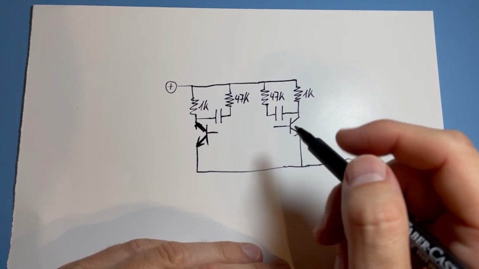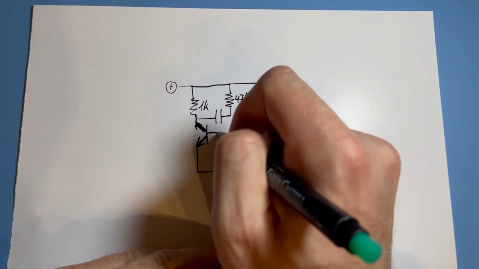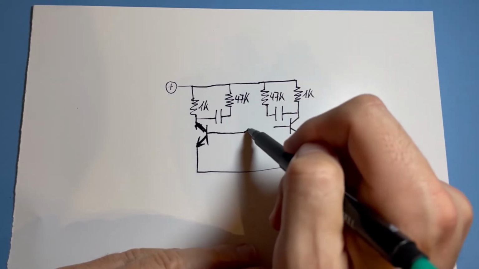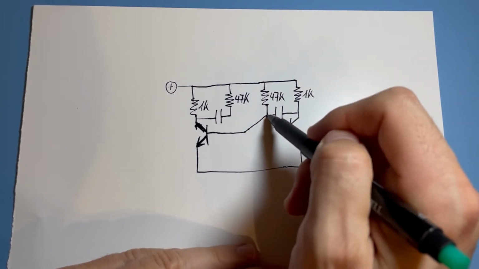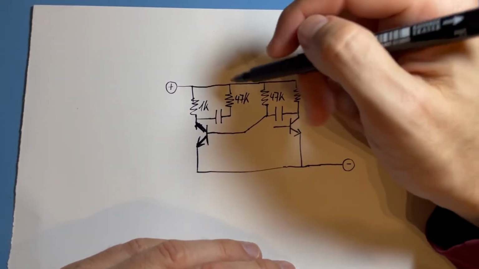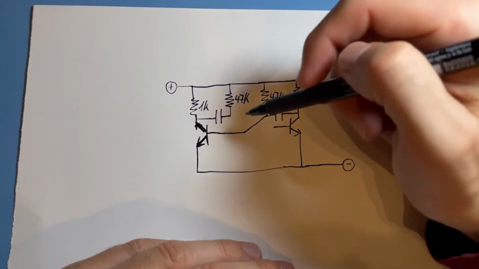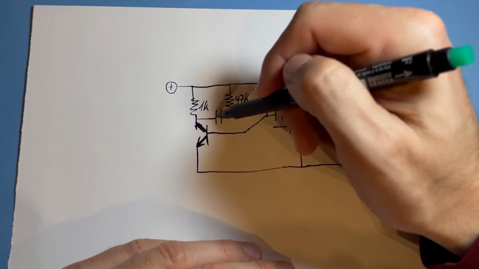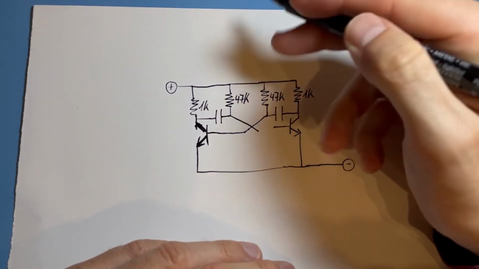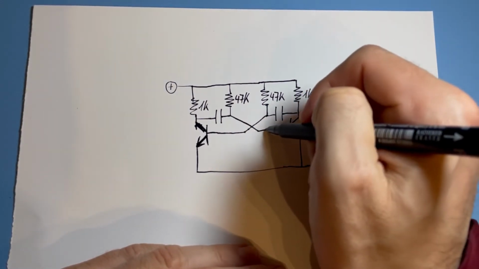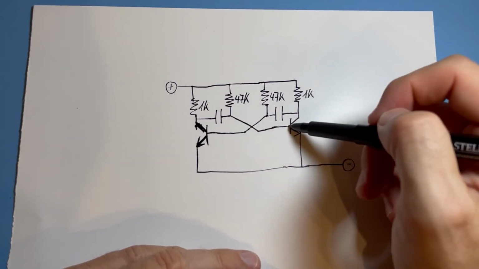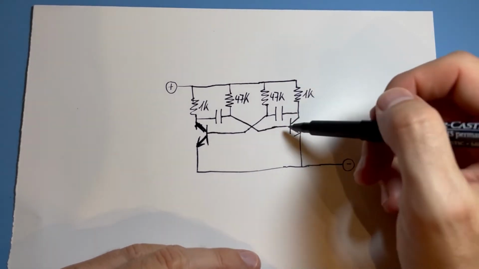And now comes the big clue. We connect the base of the left transistor to this corner here, where the capacitor and the resistor meet. We connect that to the base of the second transistor here.